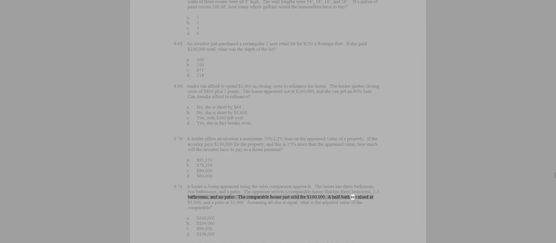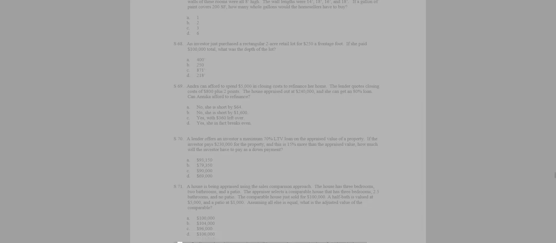A half bath is valued at $5,000, and a patio at $1,000. Assuming all else is equal, what is the adjusted value of the comparable? A. $100,000. B. $104,000. C. $96,000. D. $106,000.